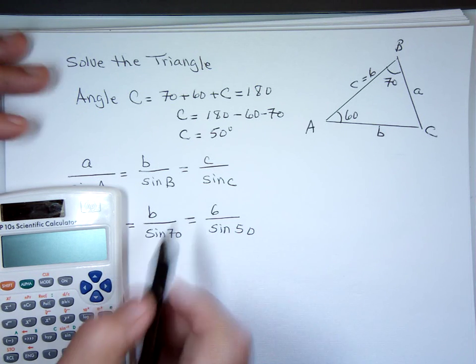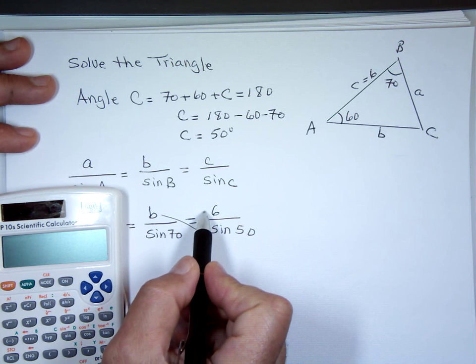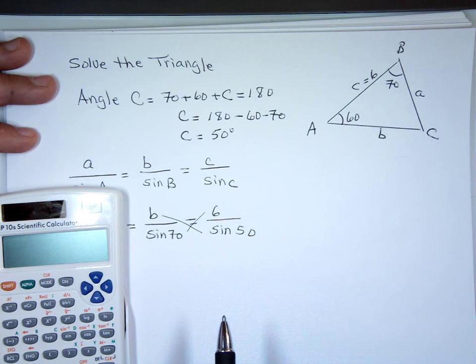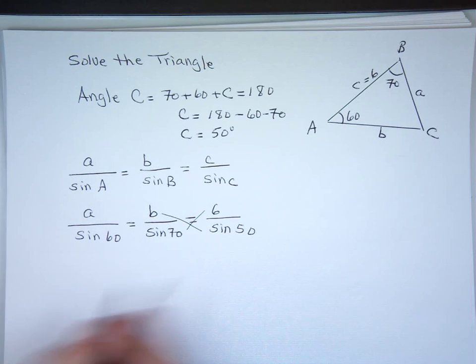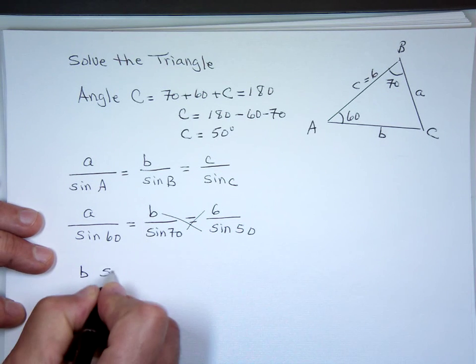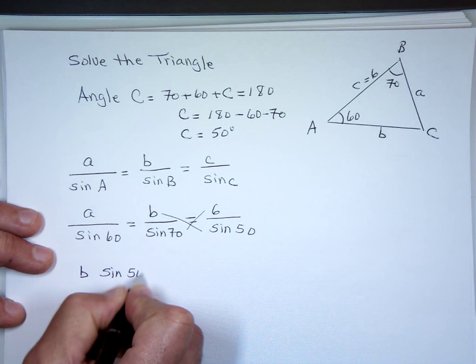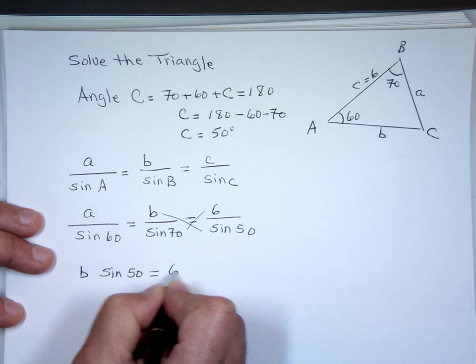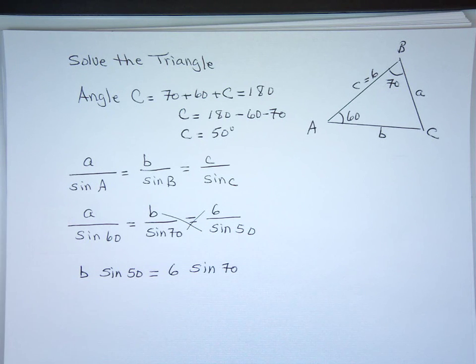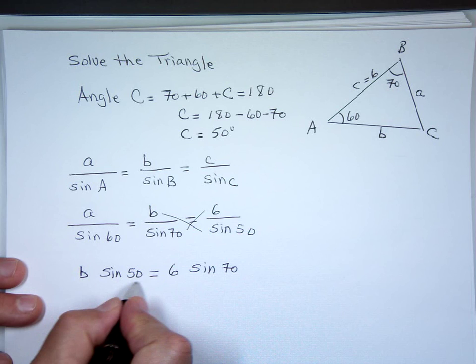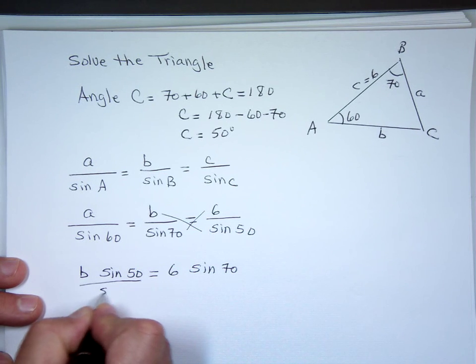Cross multiply. This times that should equal this times this. So here we go. b times sine of 50 should equal to what? 6 times sine of 70. And to solve for b, we're going to divide both sides by what? Sine 50.